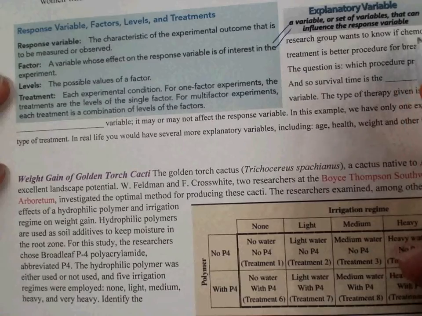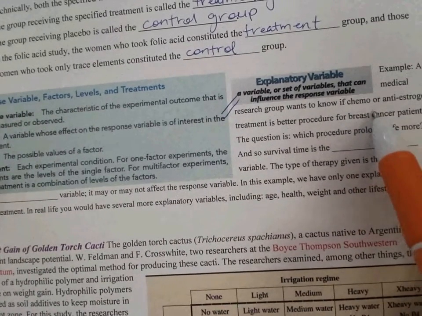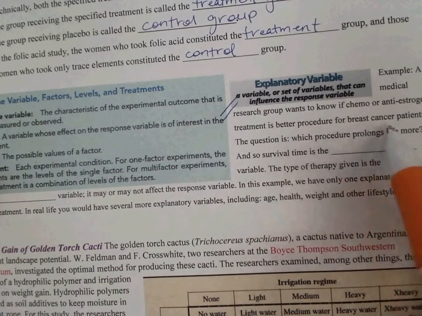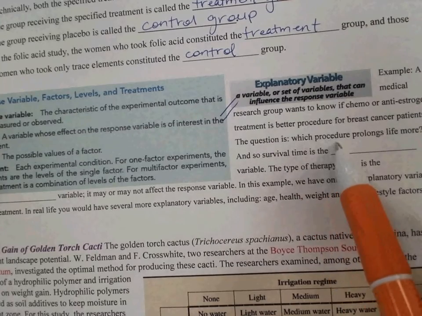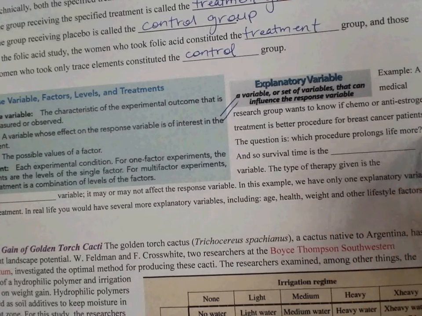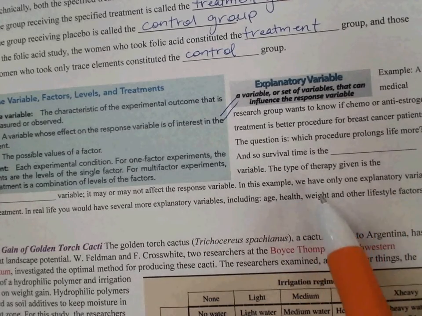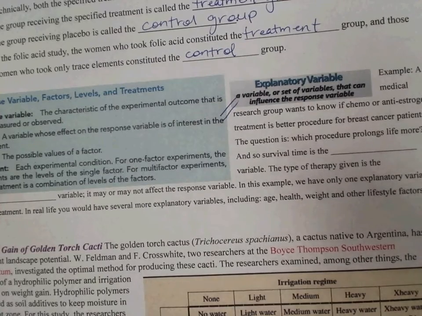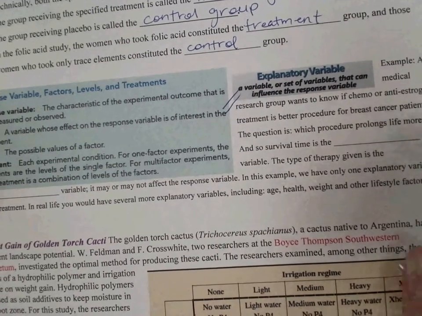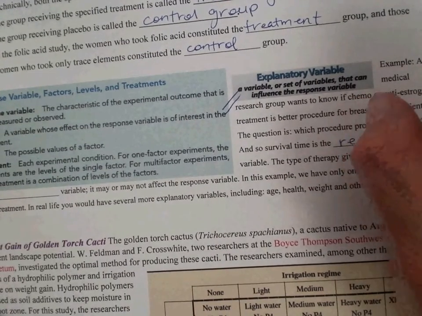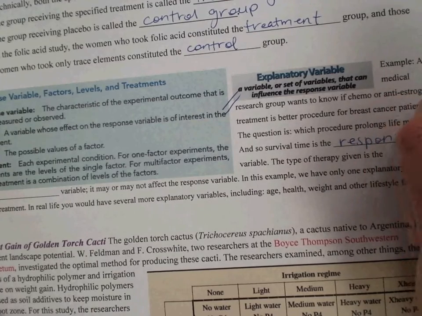So here we have an example. A medical research group wants to know if chemo or anti-estrogen treatment is better for breast cancer patients. The question is, which procedure prolongs life more? And so survival time is the response variable.